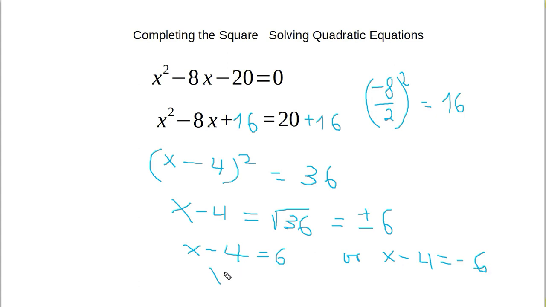So here we have x is equal to, the minus crosses over, 6 plus 4, which gives us 10. And here we have x is equal to minus 6 plus 4, which gives us minus 2.